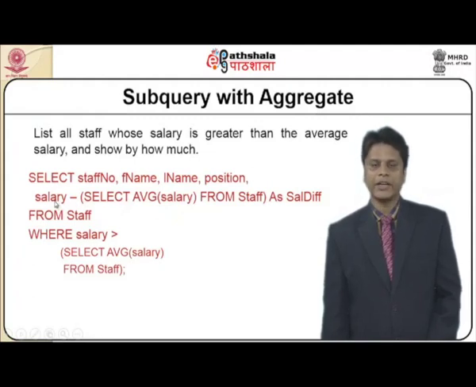In addition, I have another attribute which has salary minus select average salary from staff as salary difference. So now this salary difference will present me with the average salary, 17,000, to be subtracted from the actual salary, and salary should be greater than the average salary.